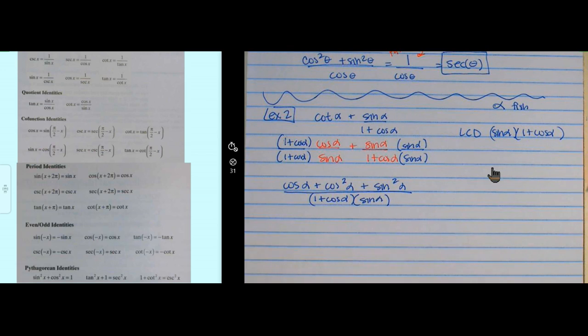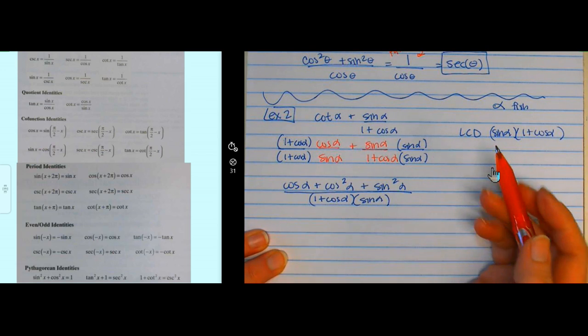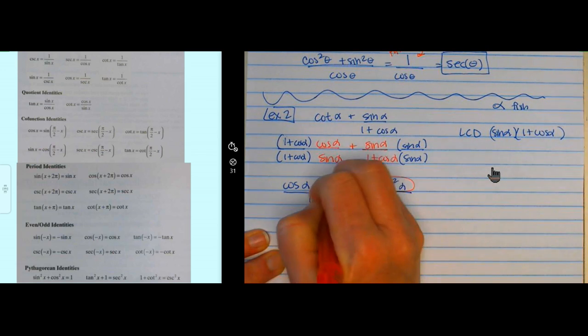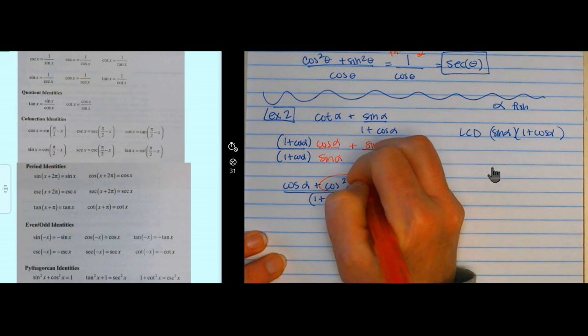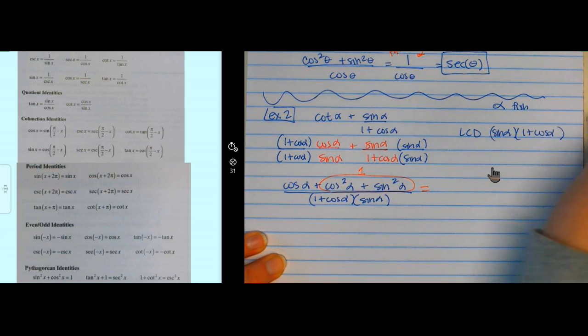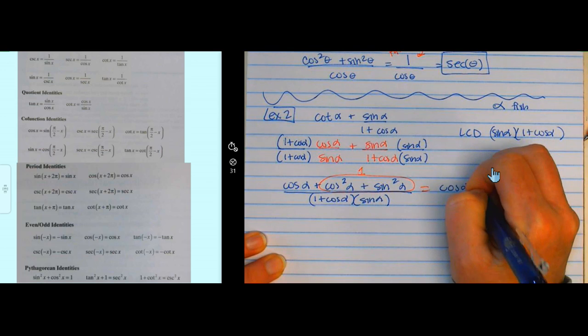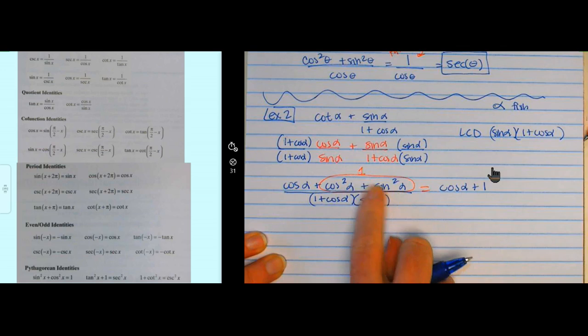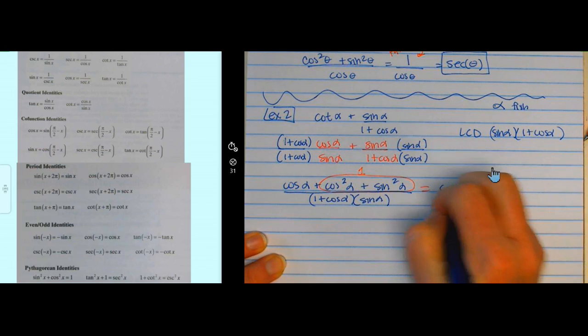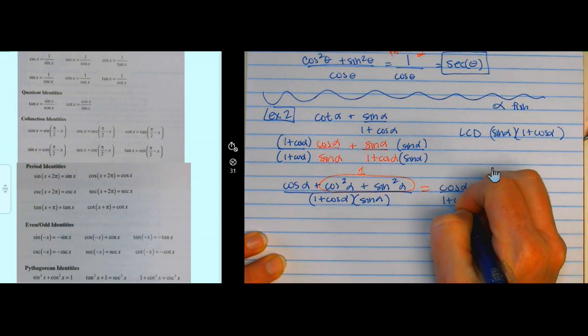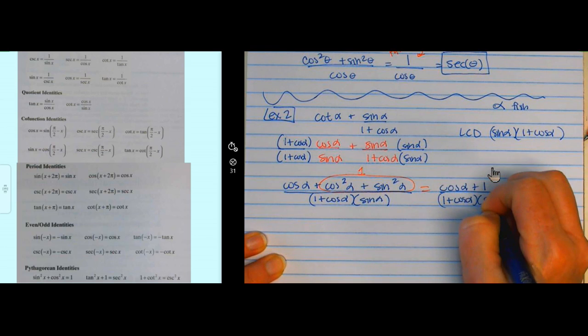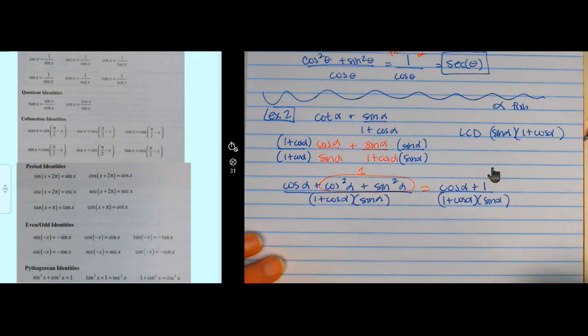Now I can add things together. I notice this will be used so often that I have cosine squared plus sine squared, and that's equal to 1. So this is equivalent to cosine of alpha plus 1, these two make 1, here it is, over 1 plus cosine of alpha times sine of alpha. So I suggest that you leave the denominator factored.